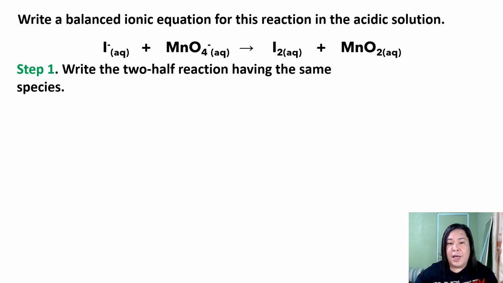You're going to analyze the reactant and the product side. In the first half reaction, you have to pick the substances within the same species. When we say having the same species, it means the ones that have the same symbols in the reactant and in the product side. In this given equation, in the reactant side you have the iodide ion, and in the product side you have the molecular iodine.